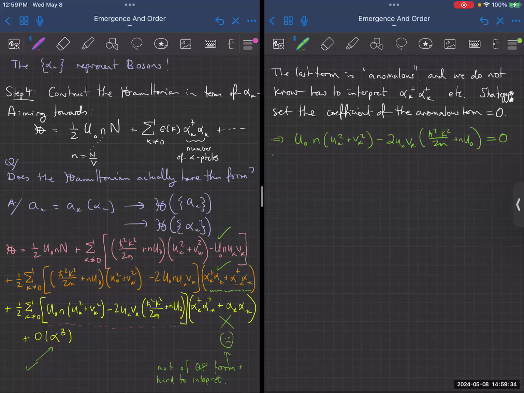Remember, we also have the constraint we had before, which was that uk squared minus vk squared is equal to 1. This came from invertibility.